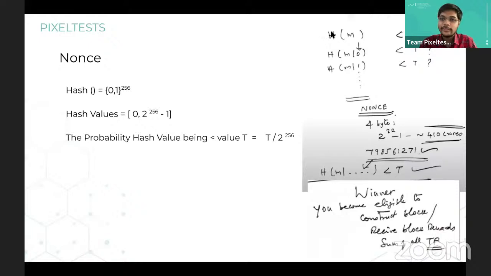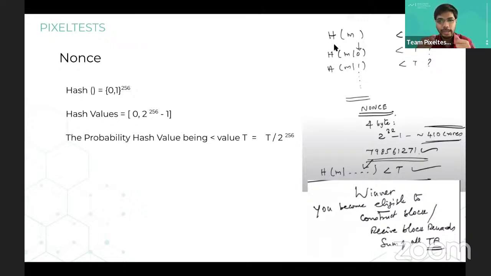So now, whenever there is a hash happening, for example, there are so many transactions in the block, and a miner is trying to hash because he is going to do the computation. He is trying to do the hash of all the transactions.